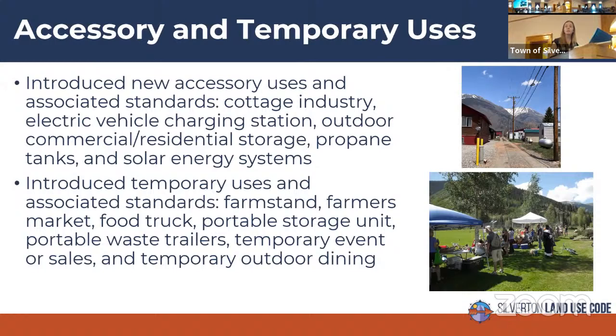New temporary uses have been added, so things like a farm stand, the farmers markets, food trucks, portable storage units, portable waste trailers, and then temporary events or sale uses. And then the town's existing temporary outdoor dining ordinance has also been incorporated into this section.